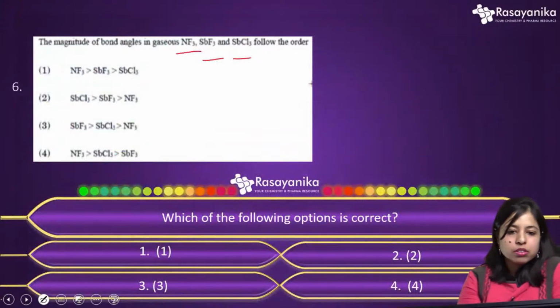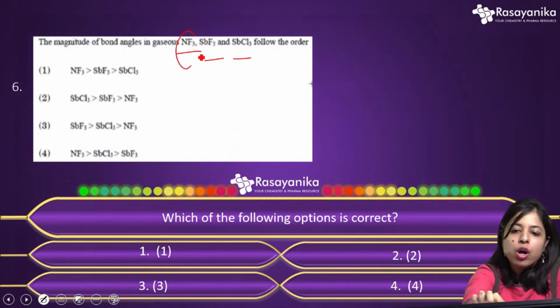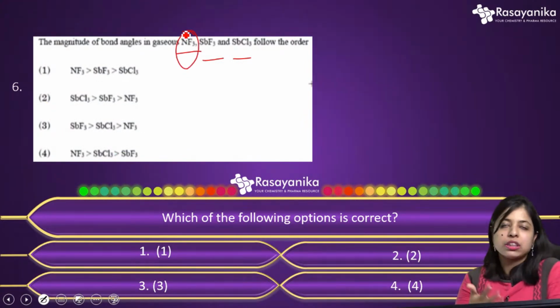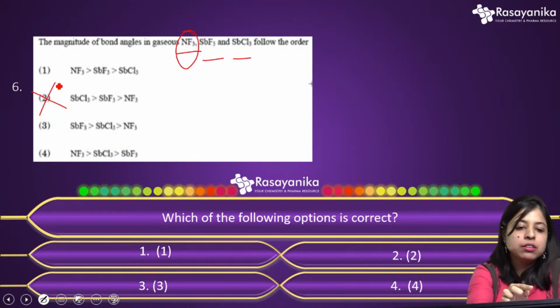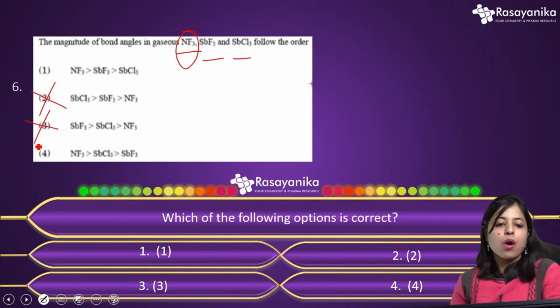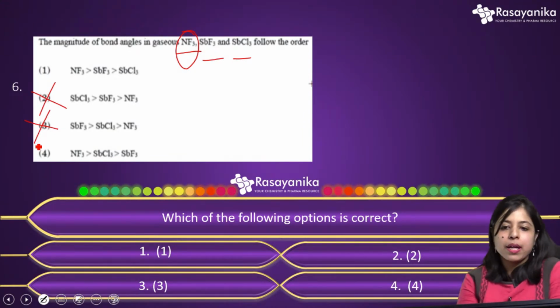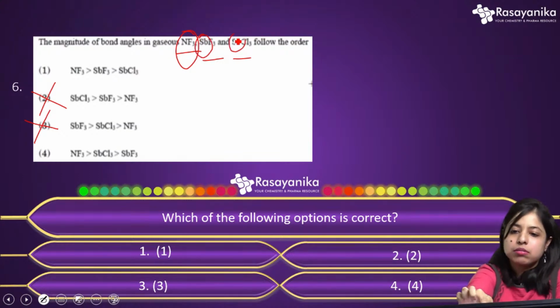So the first option, NF3, would always have the highest bond angle. Okay? So you can easily cancel options 2 and 3. Now among 1 and 4, you need to consider which is the correct option. Now consider the surrounding attached atoms, because the central metal atom is the same here, antimony, right?